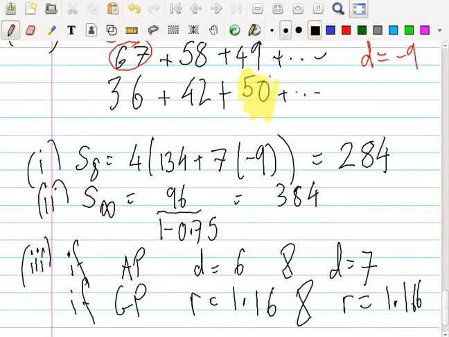So then the D would be 8. And then what would the r be now for the second one? 50 over 42. 1.19. Okay, that's better.